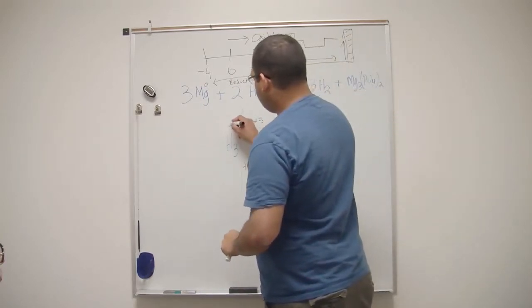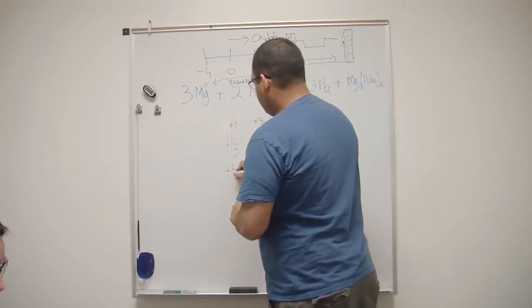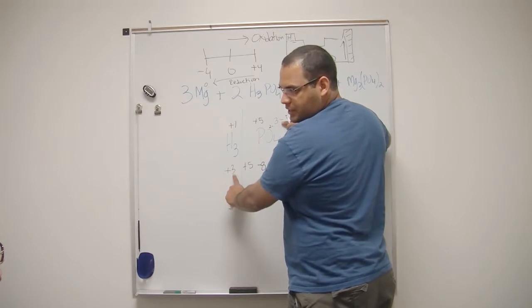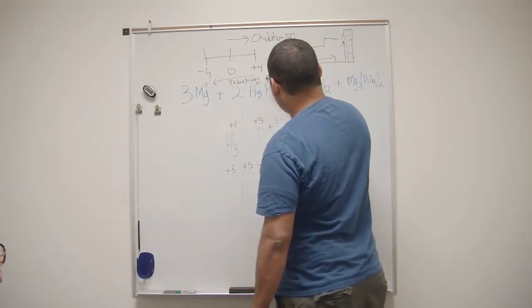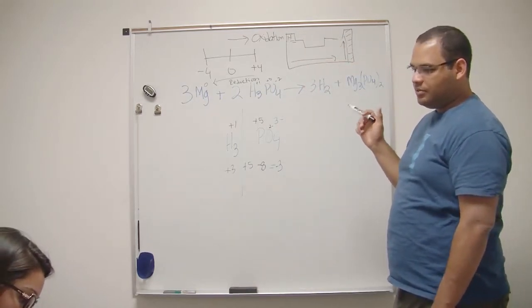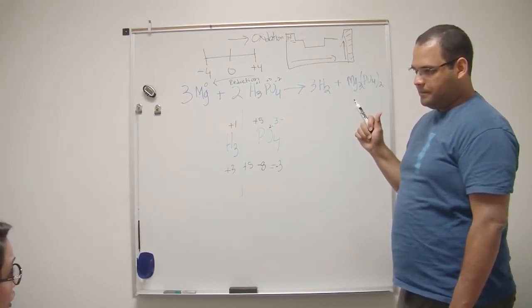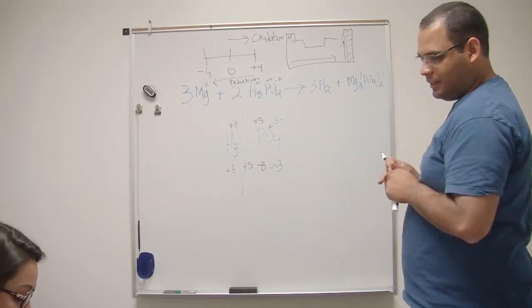So I know that hydrogen is a +1, because +1 times 3 gives me a +3, so they cancel out the charge. So now I know that this is +1, +5, -2. Do you have questions on this one? No.